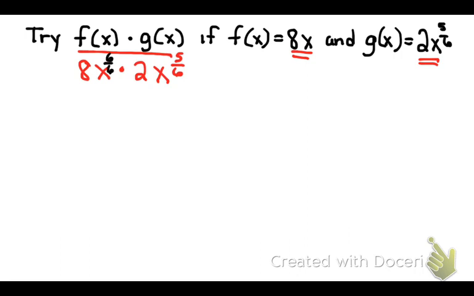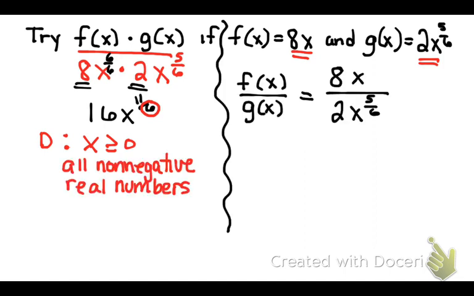So we can multiply 8 times 2 is 16x, and then 6 plus 5 in the numerator is equal to 11 over 6. Now we need to consider the domain. Because we have an even root, that means our domain says that x has to be greater than or equal to 0. So that's going to be all non-negative real numbers.